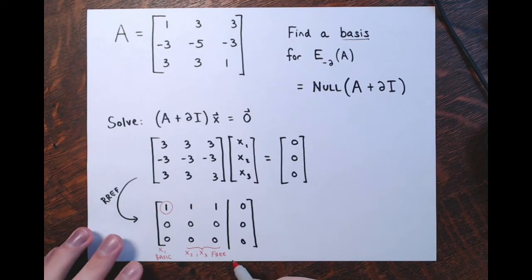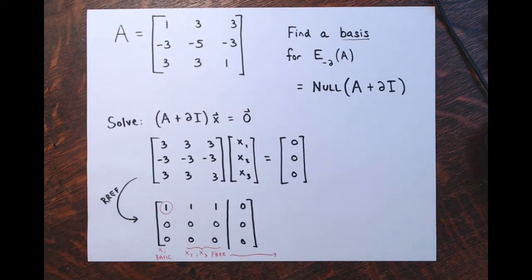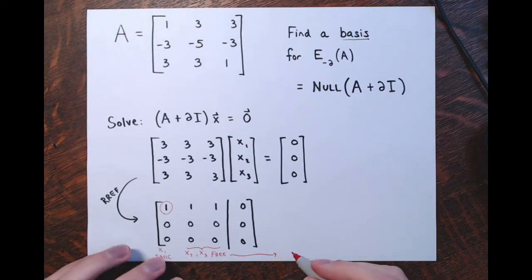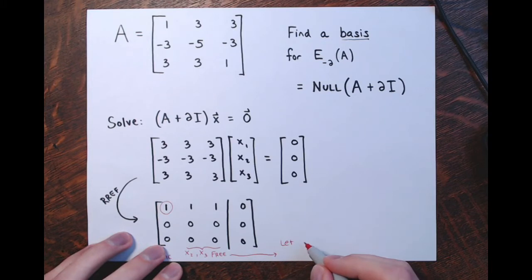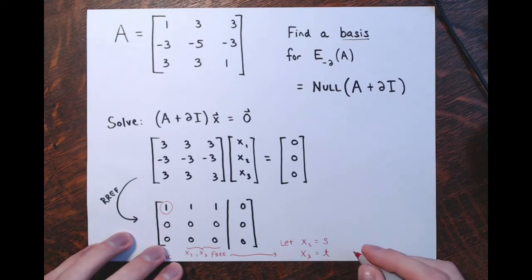Now you've seen me do this plenty. I like to replace my free variables with some other parameter, some other letter. So I'm going to let x2 be represented by the letter s, and I'm going to let x3 be represented by the letter t, where s and t are any real number I want.